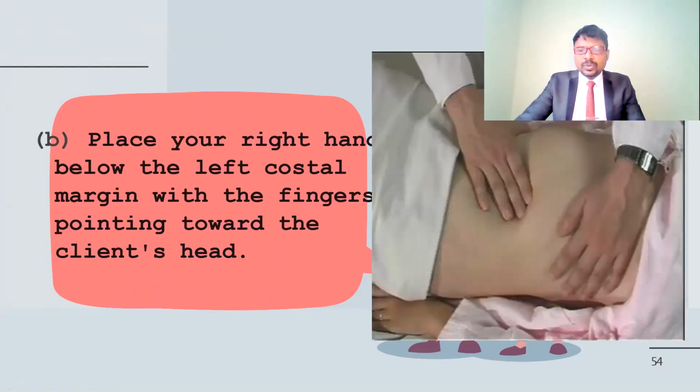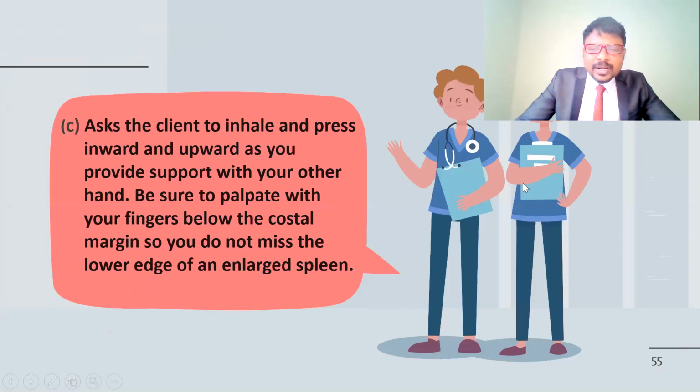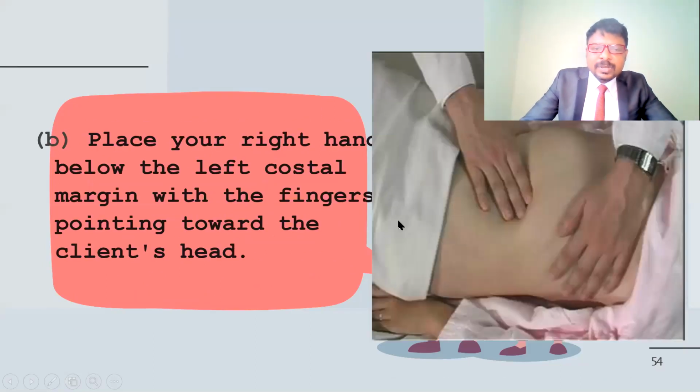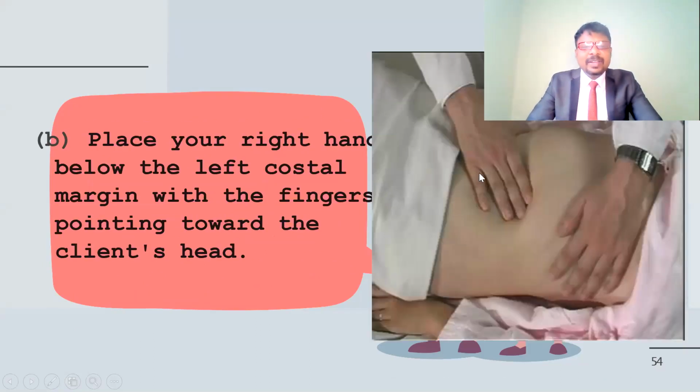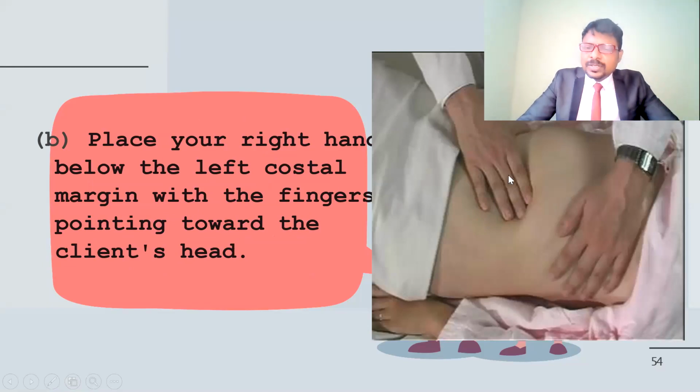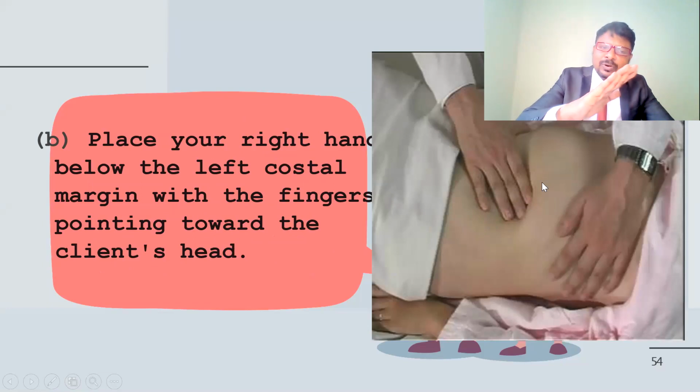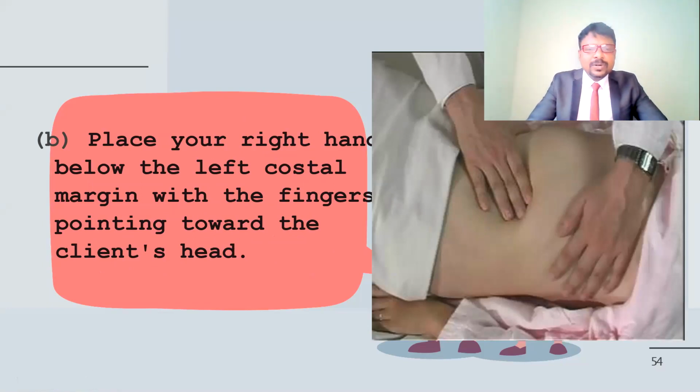Here we are going to palpate the left upper quadrant, and if anybody has any tenderness, mass or enlargement of the spleen, we are going to find it in these positions. Place your right hand below the left costal margin with the fingers pointing up towards the client's head. We have to squeeze in circular directions and give pressure.